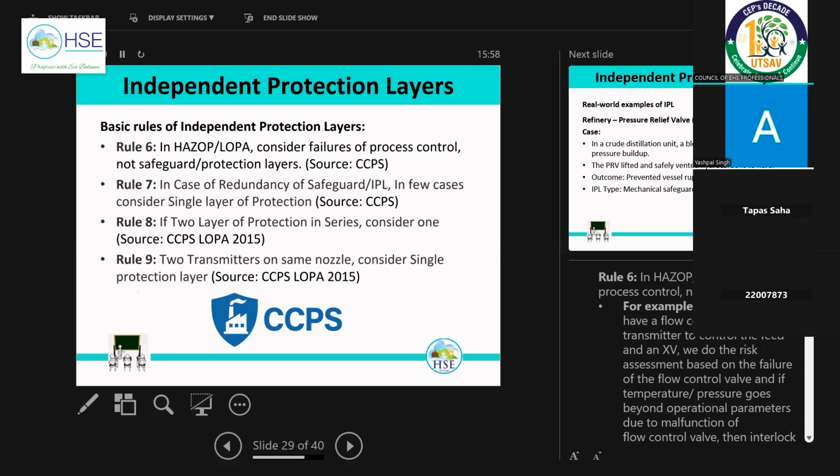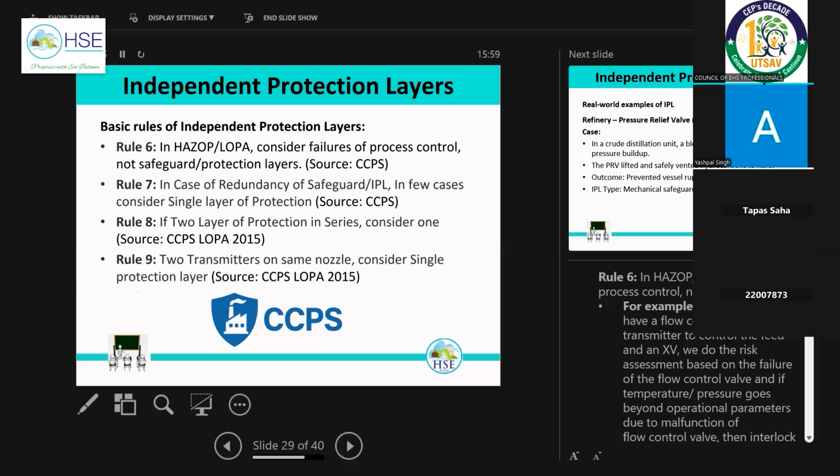That's rule 6. Now rule 7 is in case of redundancy of safeguard or IPL. In a few cases, as I discussed earlier in the example, suppose we are providing 2 pressure safety valves on the anhydrous ammonia, LPG or other compressed gas storage tank. The purpose of providing 2 PSVs there is for redundancy during inspection and testing.